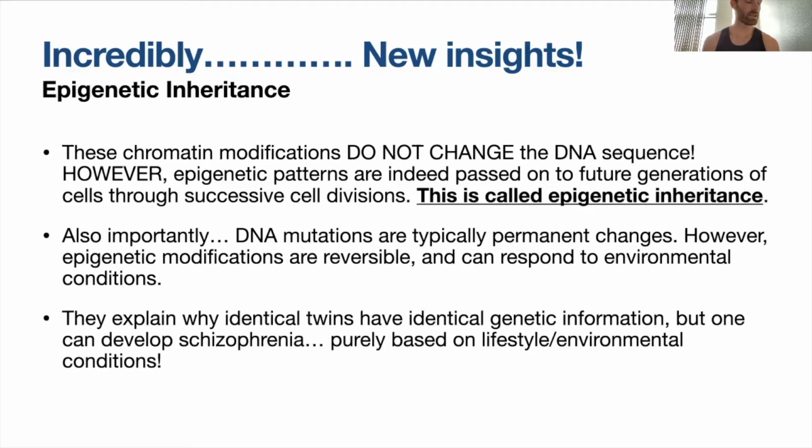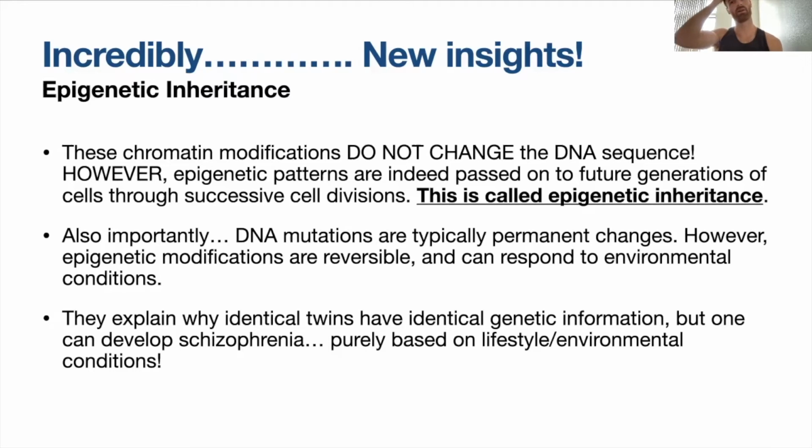And it does explain something we never really understood fully: how identical twins can end up being so different later in life, until they looked at epigenetic patterns, which is something you can develop during your lifetime.